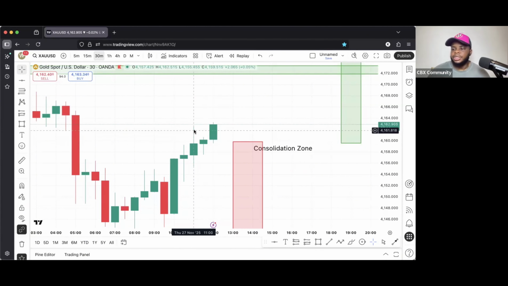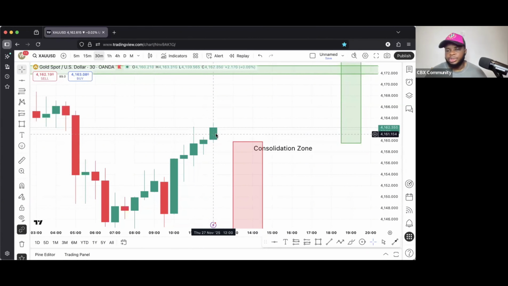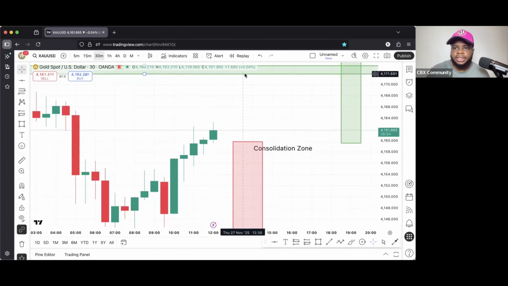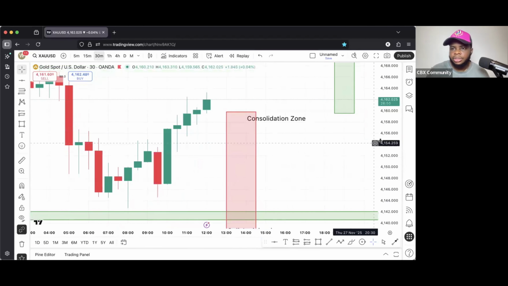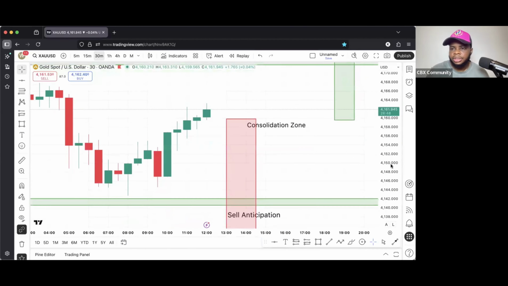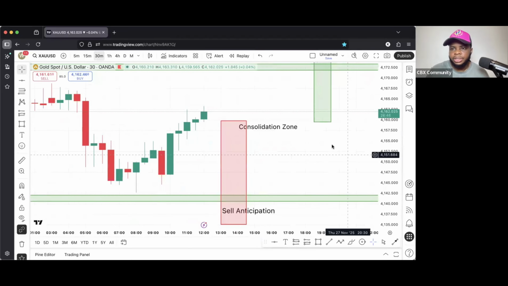Since it's the beginning of this recent 30 minutes candle, the best thing is just for us to wait, since we are anticipating a volume in the market for the volume to break this resistance zone, or for the volume to break our support zone. So let's wait and see what the market wants to do.